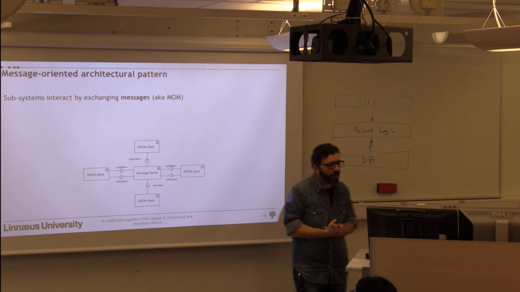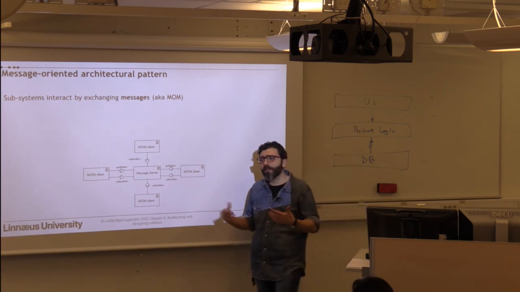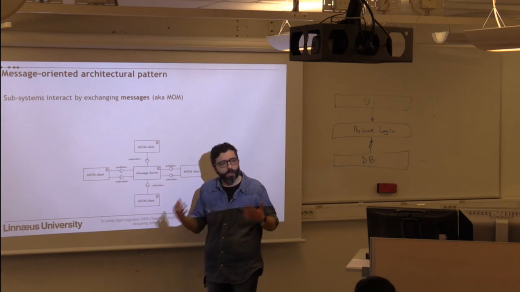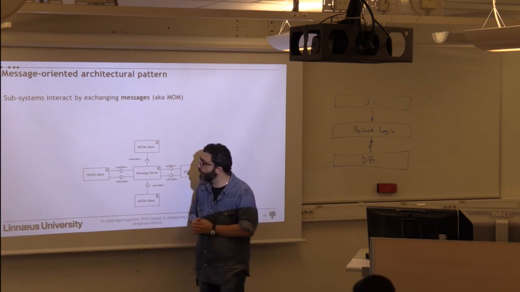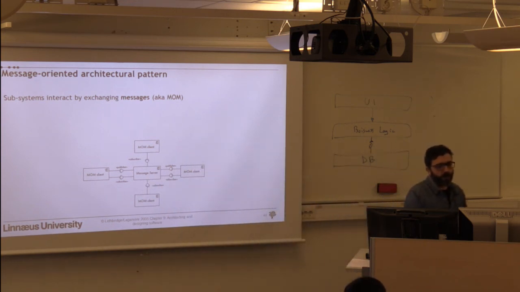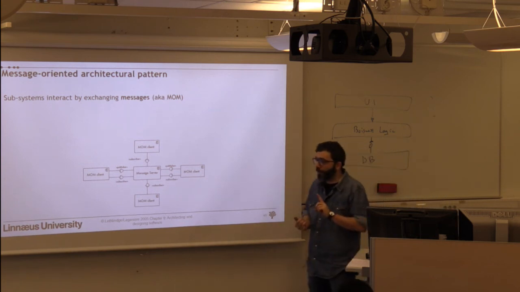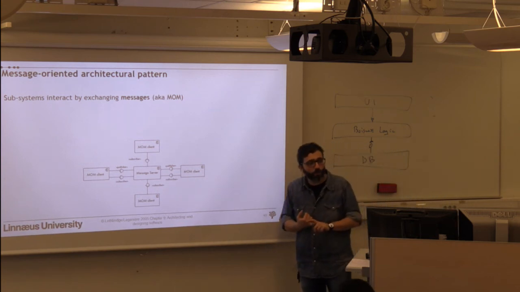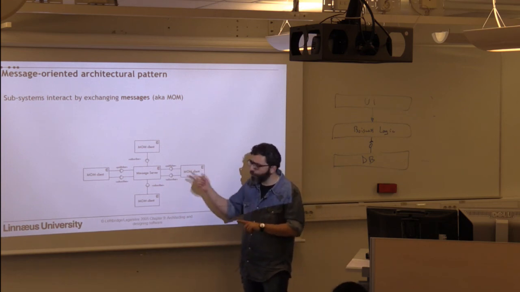I mean, not only messages. Messages can embed a lot of information that can be used in many different ways. And this architectural pattern is very interesting nowadays, even because it allows you to implement asynchronous systems.